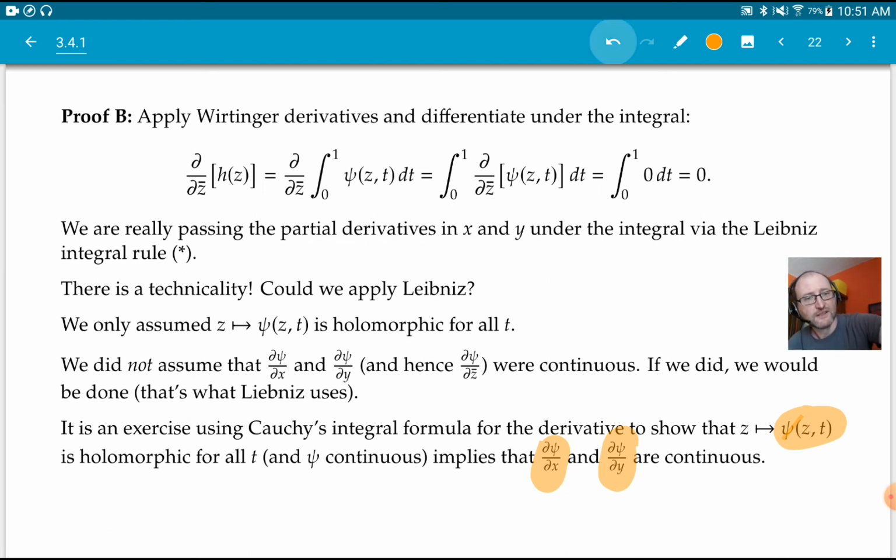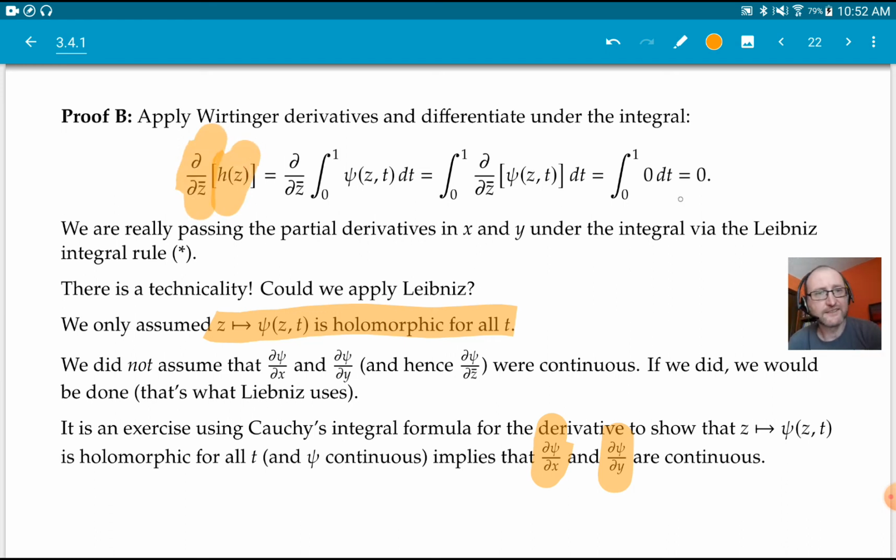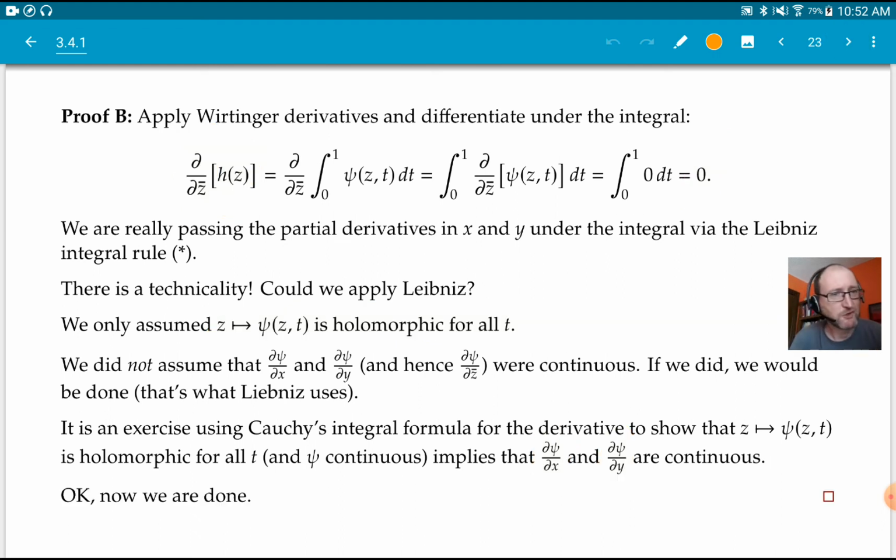So this is a consequence of the Cauchy integral formula: you actually only need to assume this is holomorphic, and you will get that these guys are actually continuous. And so you will get that H is C1. Well, and then you can also write down this entire computation. Okay, so now we're done.